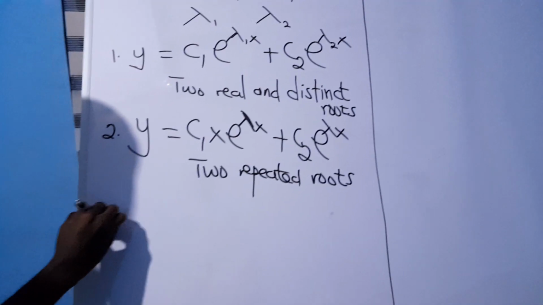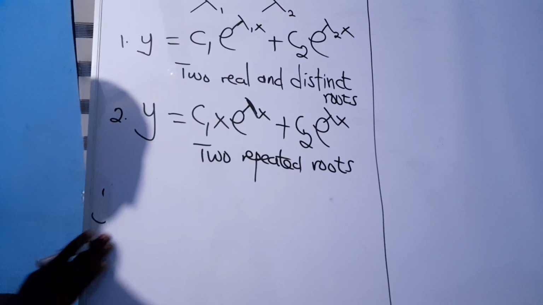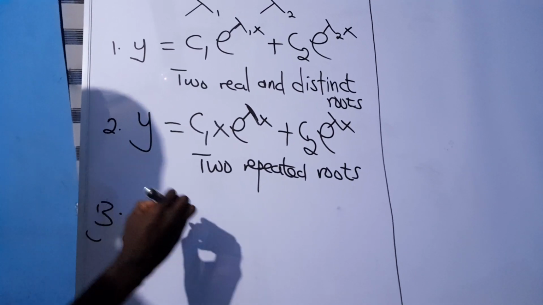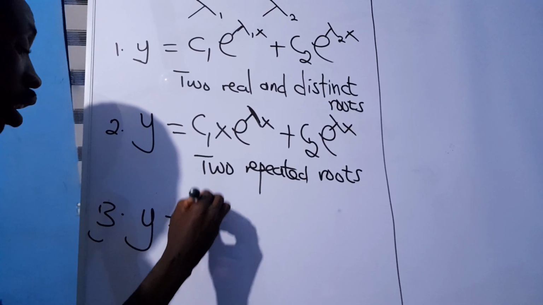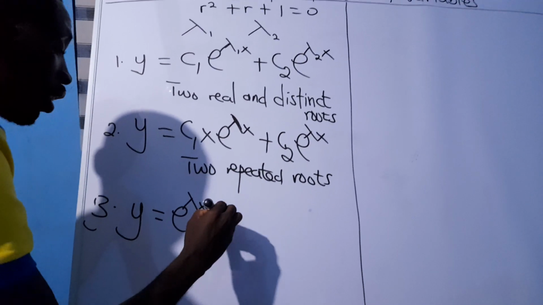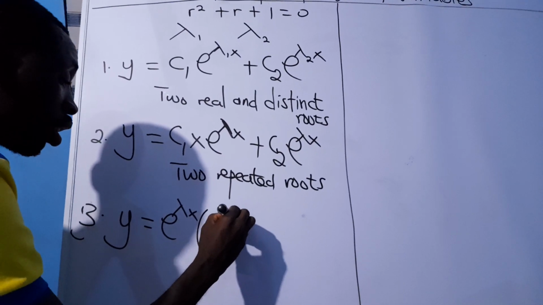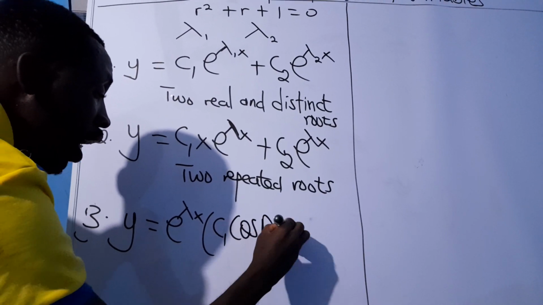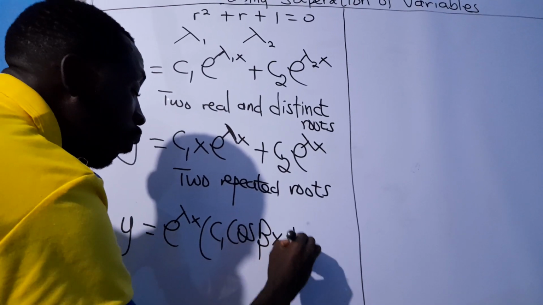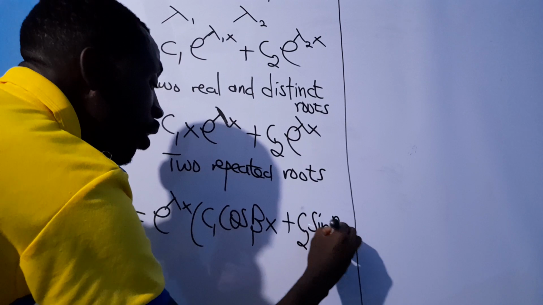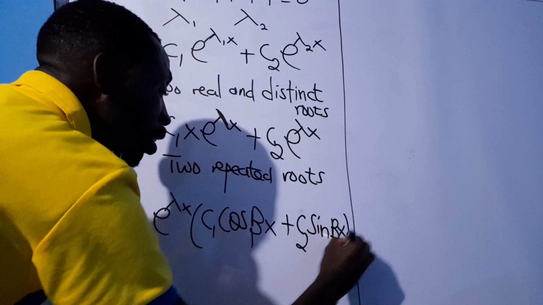Then we can also have the third one, where the complementary solution y is equal to e exponent alpha x, bracket c1 cos beta x plus c2 sine beta x.